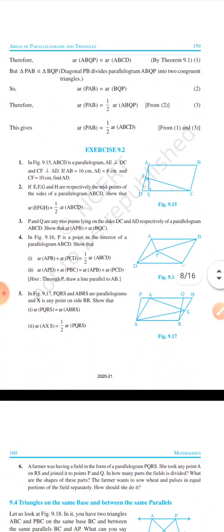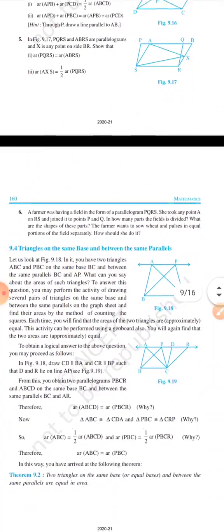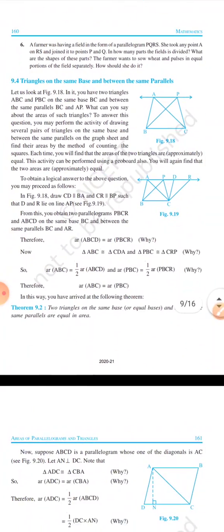Exercise 9.2 is completely based on the above two theorems. So try exercise 9.2, and in the next video we will be discussing what happens if two triangles lie on the same base and between the same two parallels.